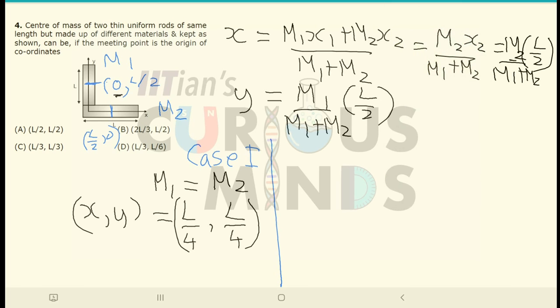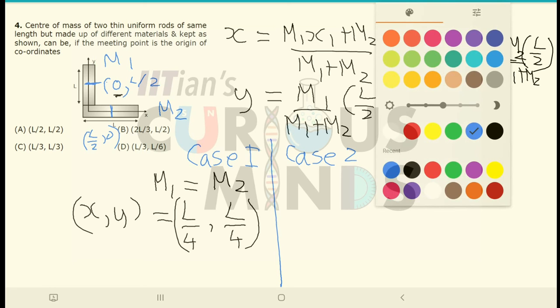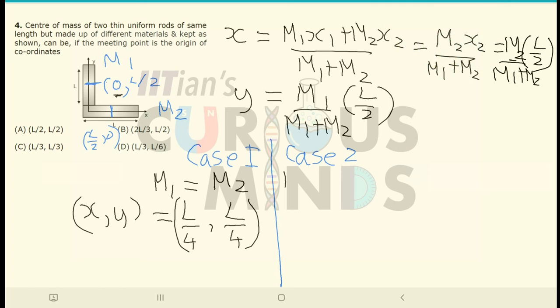Let us consider the second case, case 2. Now I will take m1 far less than m2. It is very small as compared to m2.